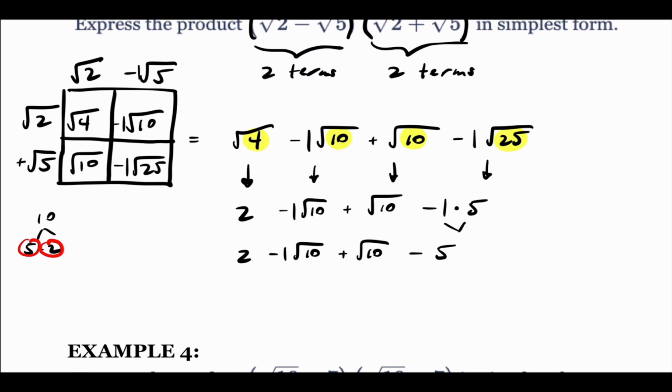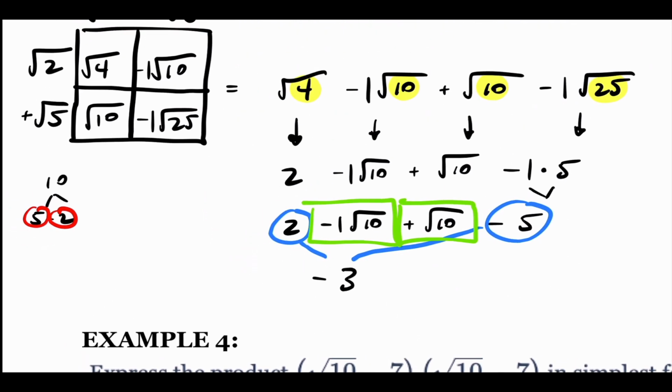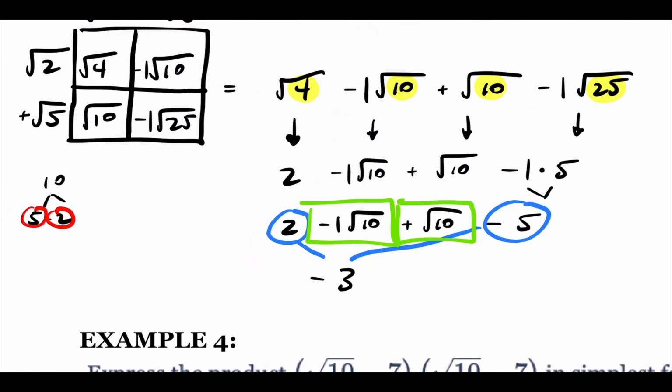Last step, combine like terms, just like we did on the front. 2, negative 5. Combine those, I get negative 3. These two guys are also like terms. The guys in green.